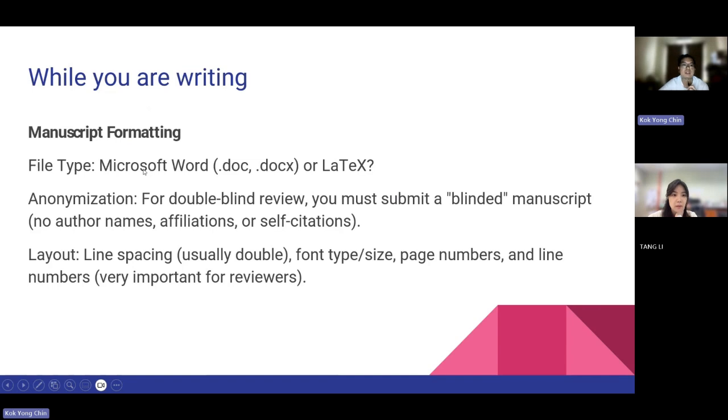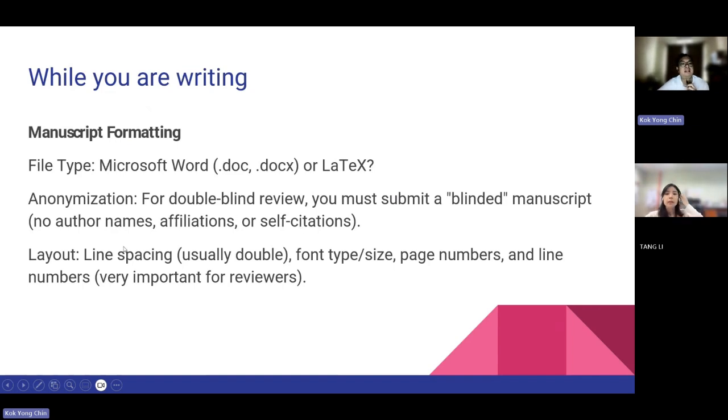When you're reading, you also have to look at the formatting of the manuscript. Most of the time, the journal will ask you to prepare in Microsoft Word or a LaTeX format. LaTeX is not very common in Malaysia. Here, we usually use Microsoft Word, either in DOC or DOCX file. If it is a double-blinded review, you have to make sure that your main text does not contain any author's name, affiliation, or sign of citations.